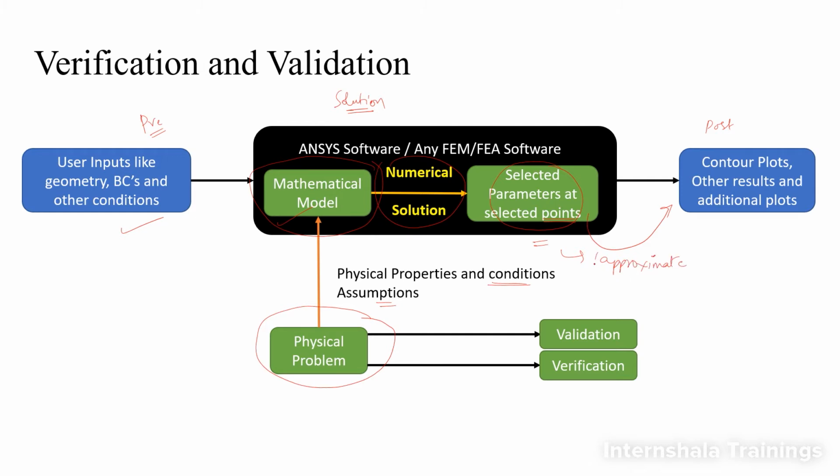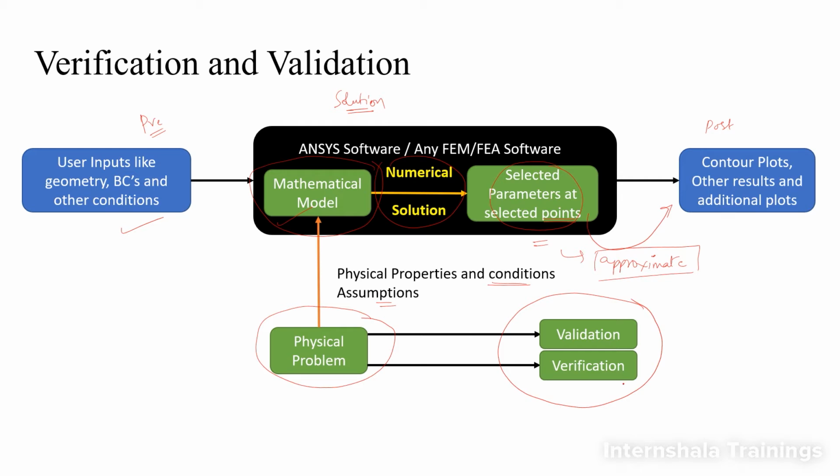So now we need to validate and verify whether the result we are getting from the software, or by solving a problem using the FEM method, is acceptable or not. For that reason we need to perform what is known as verification and validation.